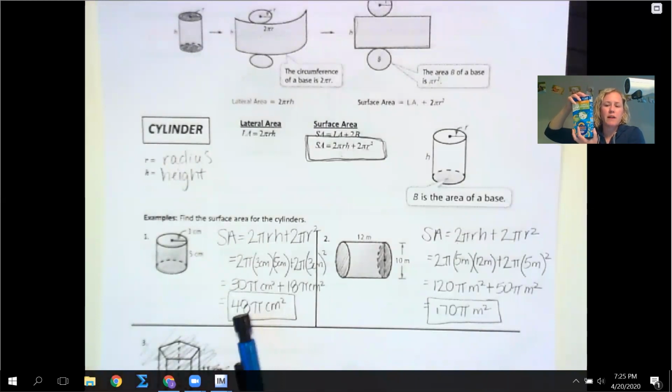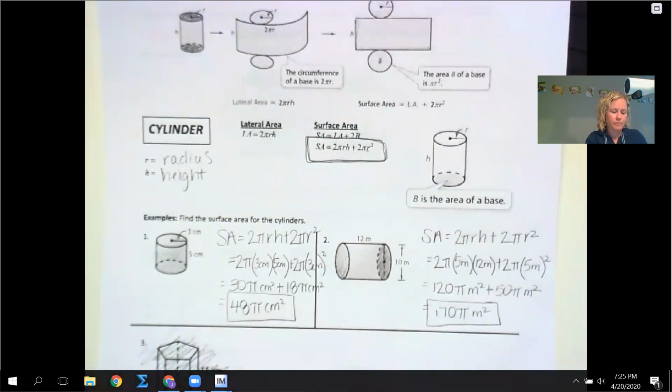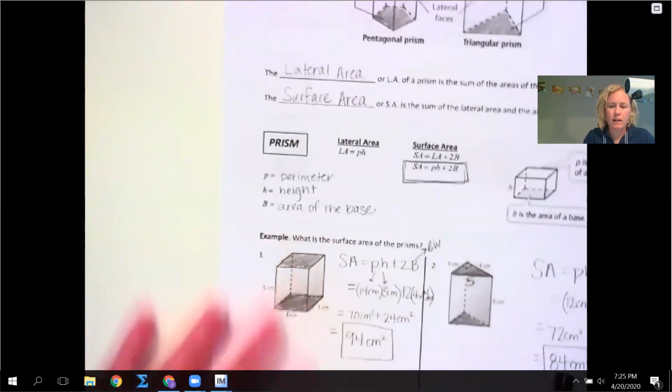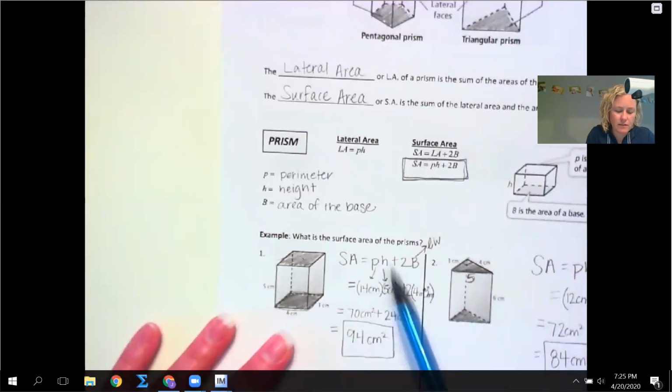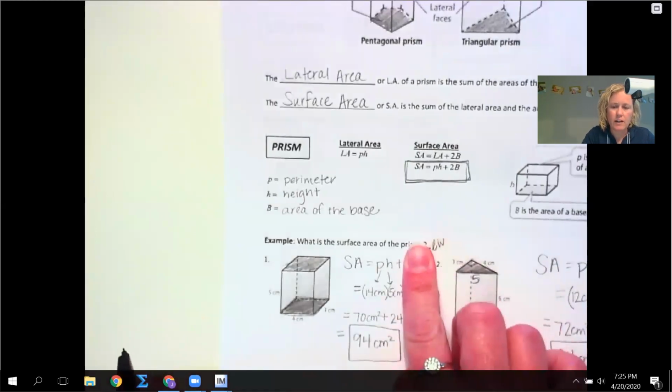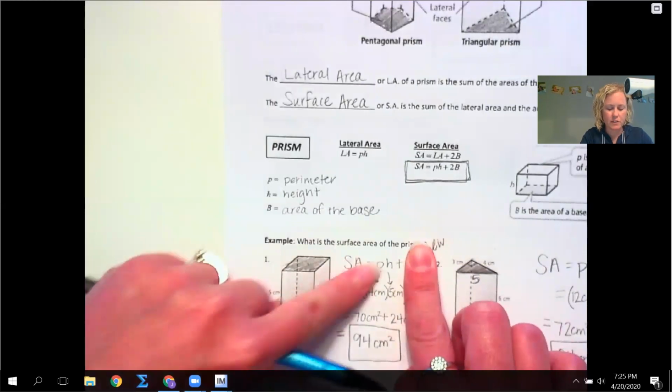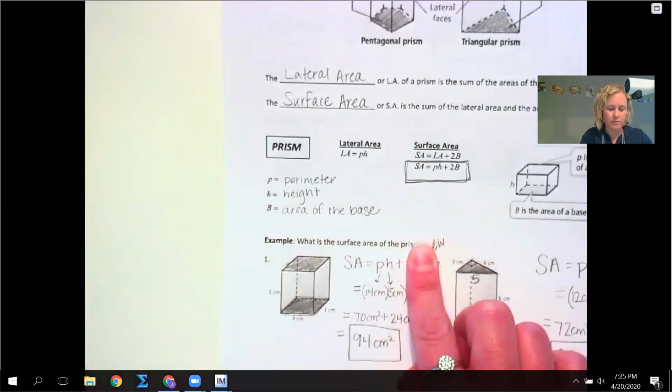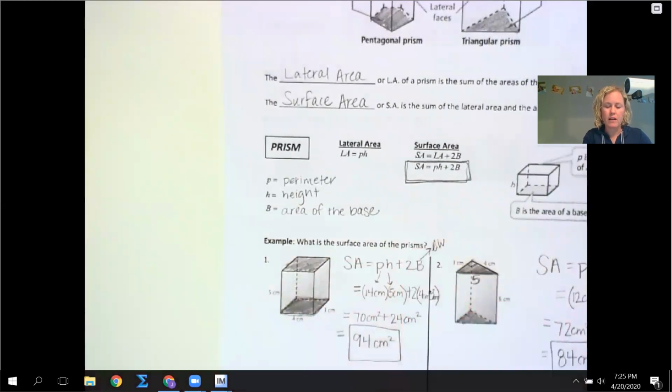If you are supposed to find lateral area, that's everything except for the bases. So here, if I want lateral area, that's just this first part. It's not adding on the 2 bases. So if I ask for lateral area, it's just this first part, the 14 times the 5, so 70, okay?